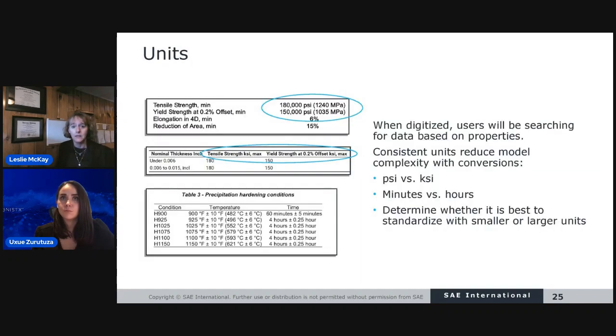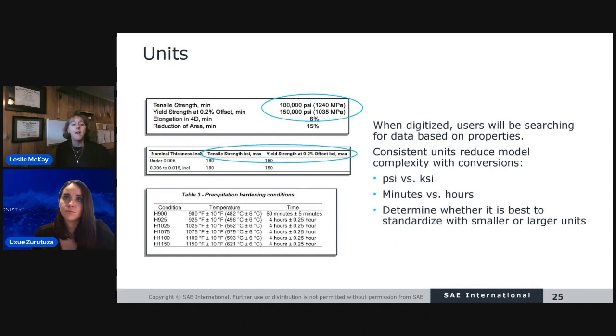Units of measure is another area where I saw inconsistency. Looking at tensile strength, for example, some standards communicate tensile strength in PSI, and some standards communicate tensile strength in KSI. But when you search for a material, you're just searching for tensile strength.